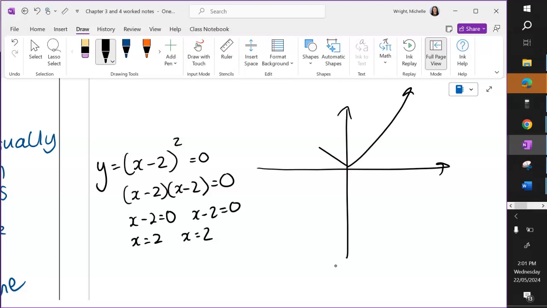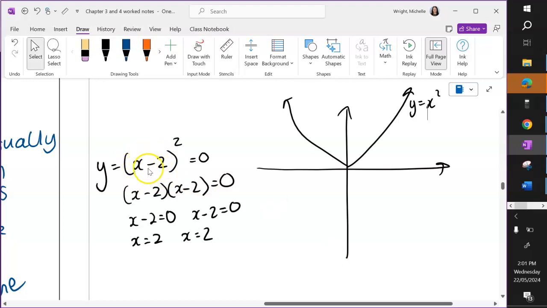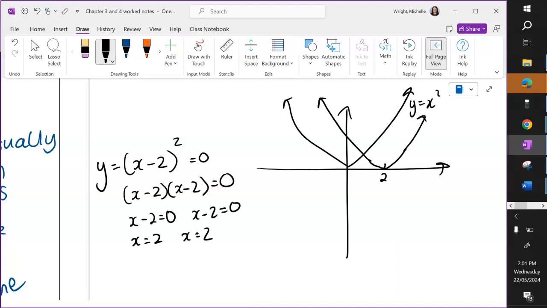For example, there's my graph of y equals x squared. This graph here, x minus 2 squared, we've worked out it cuts at x equals 2. Okay, it's a double root, so it's going to bounce off at x equals 2. So it's going to look like that. Pop that equation in there.